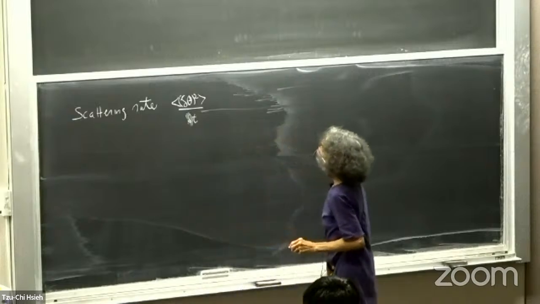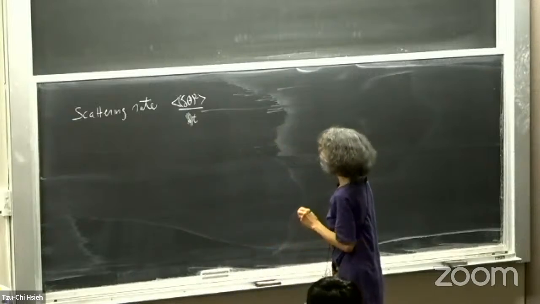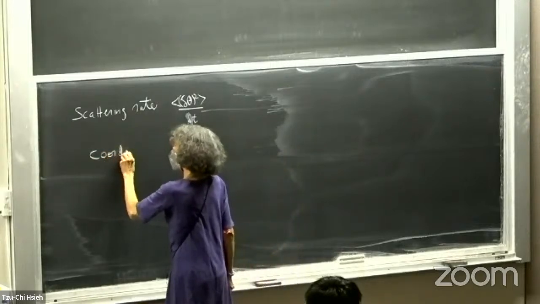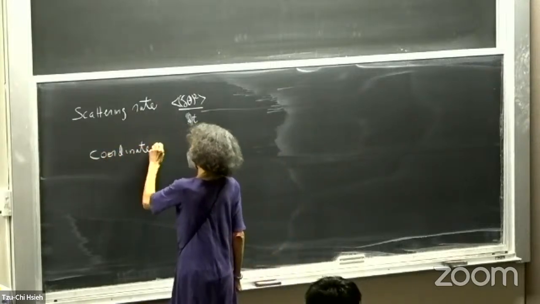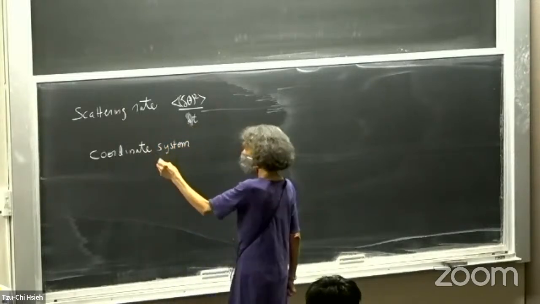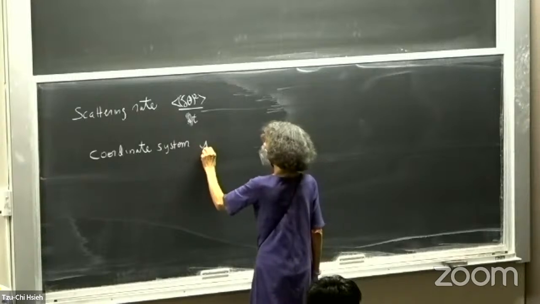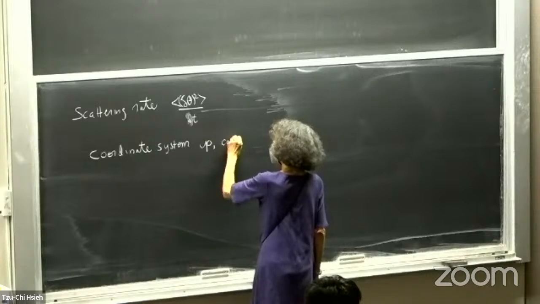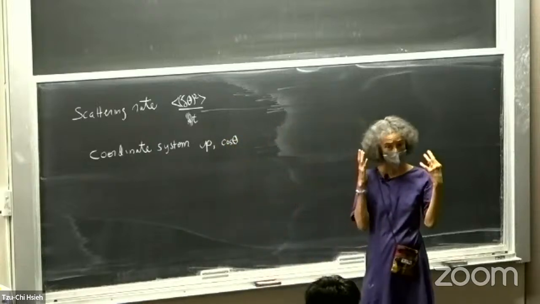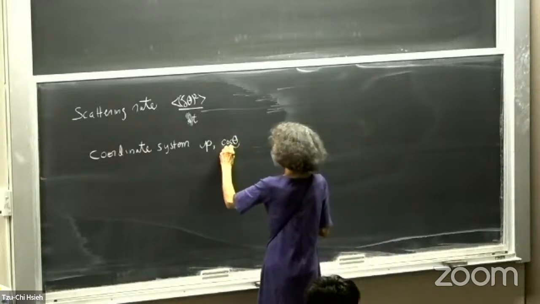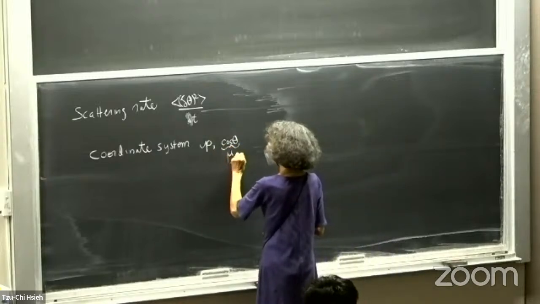And it's convenient to go to a coordinate system where we describe a particle by its momentum p and the cosine of the angle of its momentum direction relative to that background magnetic field, which we're going to call mu.